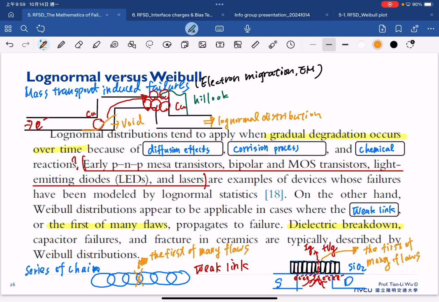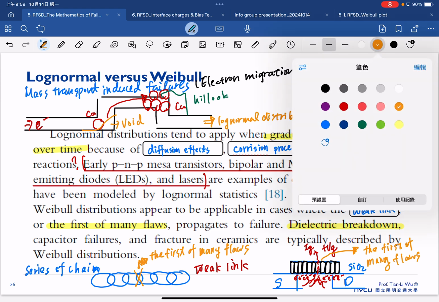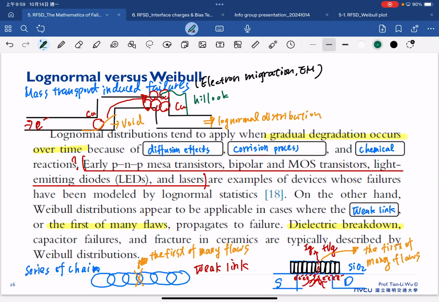So that's why, because it fits with the first of many flaws, that means this is also a case of the weak link. Right? Because now we treat our gate dielectric as small parts, each connected as a link.